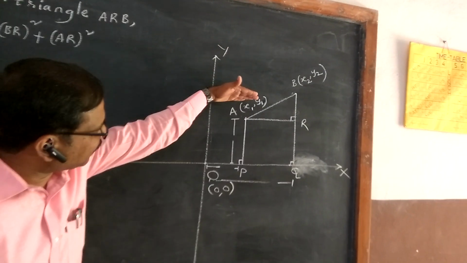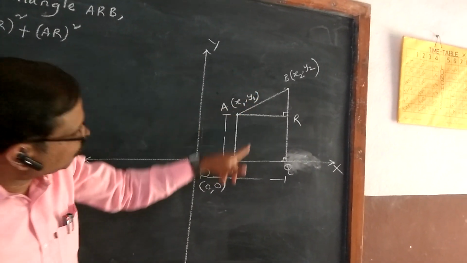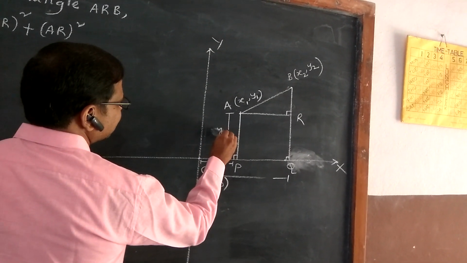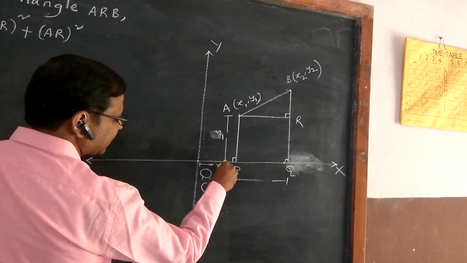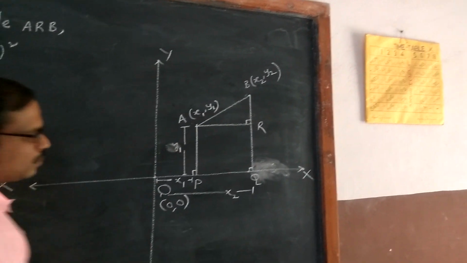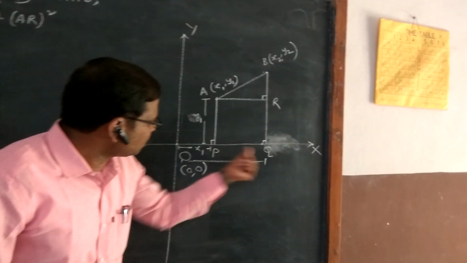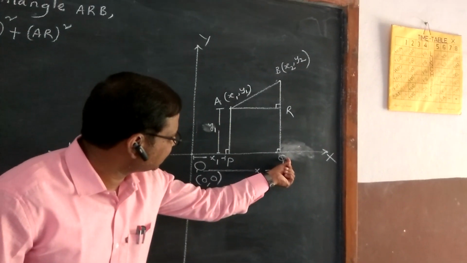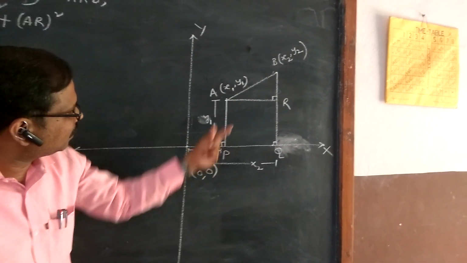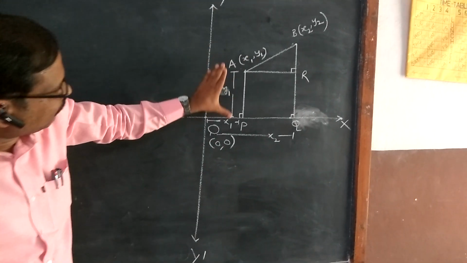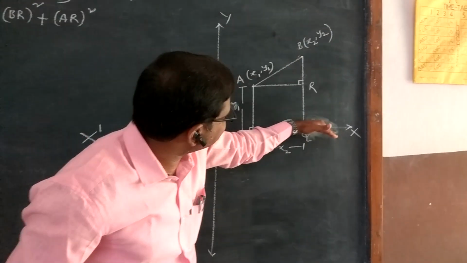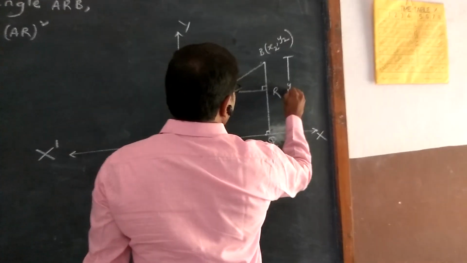The distance from x1, y1 to the x-axis is mod y1. That means this distance is y1 and this distance is x1. The x coordinate of B is x2, from O to Q on the x-axis. So this is equal to the x coordinate of A, the vertical distance is the y coordinate of A, and the total distance is the y coordinate of B, that is y2.